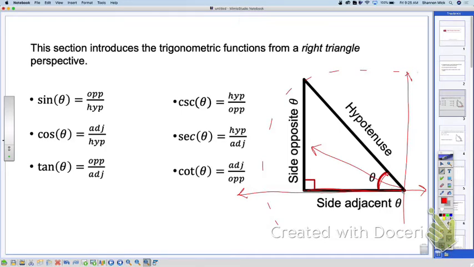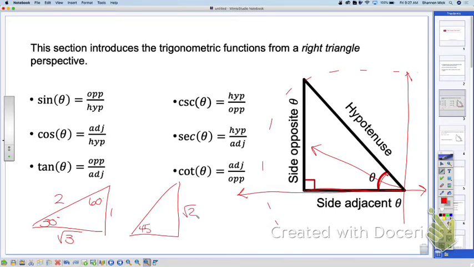This will allow us to use our 30, 60, 90, our 45, 45, 90, and our quadrantals.